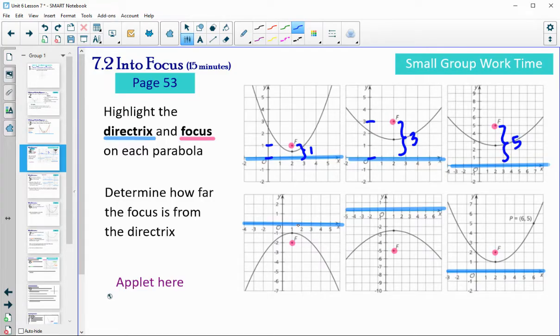Then 5, 2, 5, and then 2. So what is that change in distance from the focus to the directrix doing to the parabola is what you're looking at in this number 1.